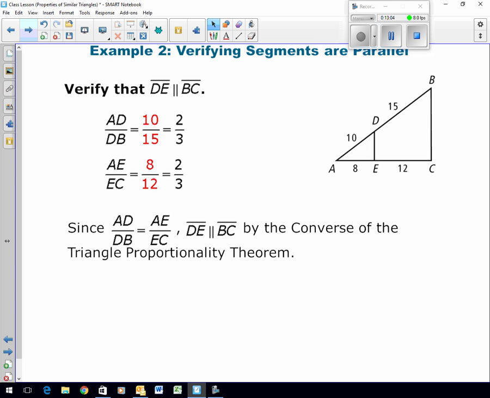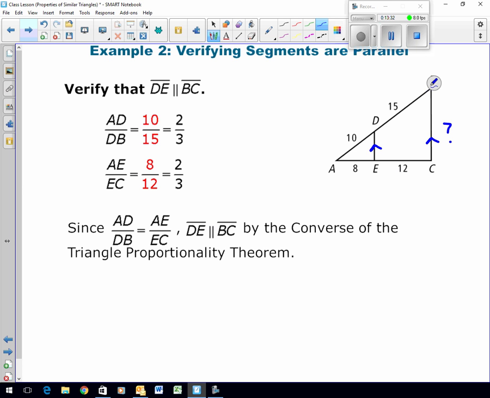How do I know that these line segments are parallel? So this is the other side of the coin, right? I've now said I'm going to try and verify that DB and BC are parallel. Tell me the proportion I would set up. Remember, little over big equals little over big.